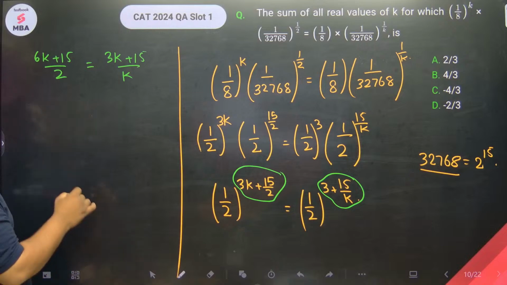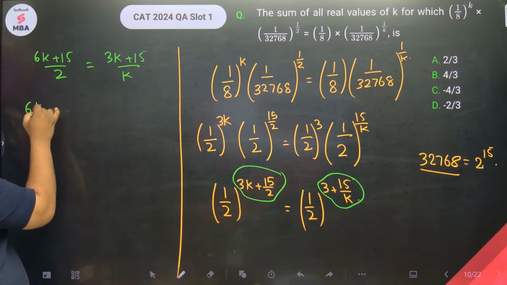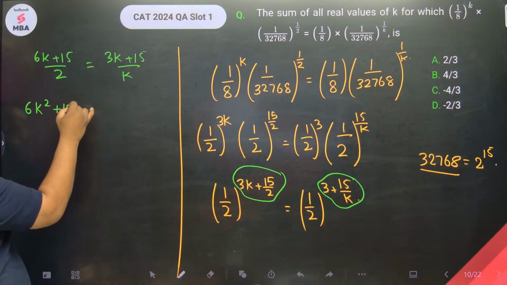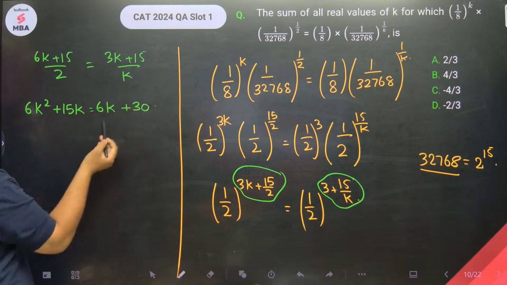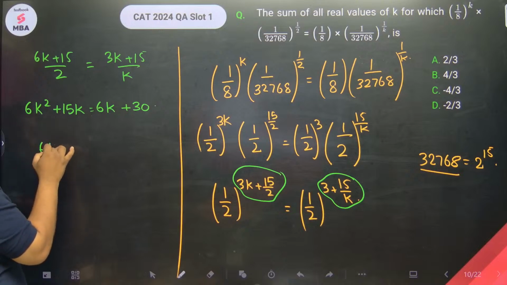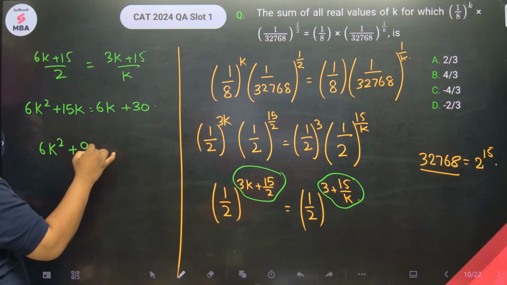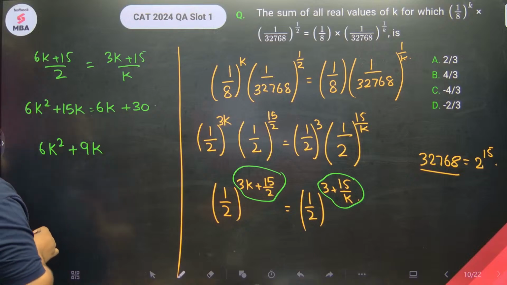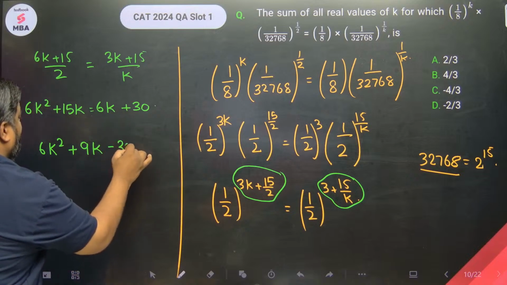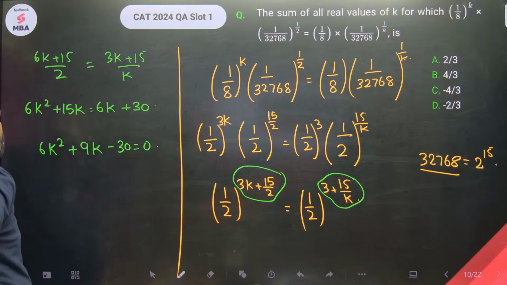Let's cross multiply this, we will have to. 6k square plus 15k is 6k plus 30. Bring everything to the left hand side, k square plus 9k minus 30 is equal to 0. Sorted?